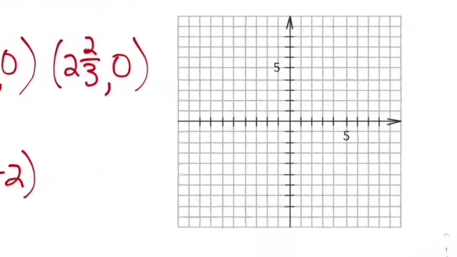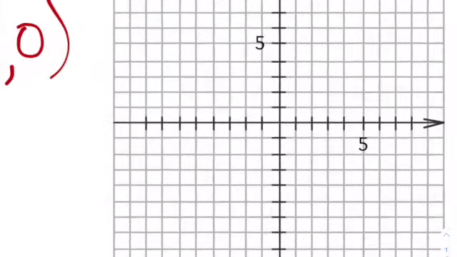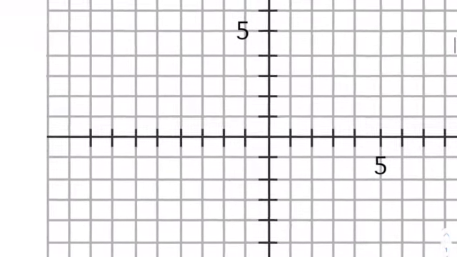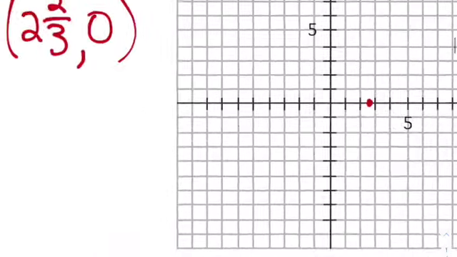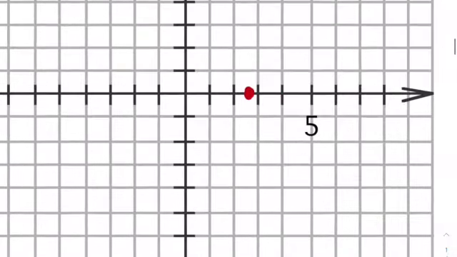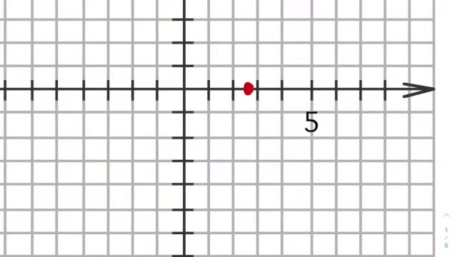So now x is at 2 and 2/3. 2 and 2/3 is about like right here. It's a little bit more than half. And next one is 0, -2. 0, -2 is down here. And graph them.